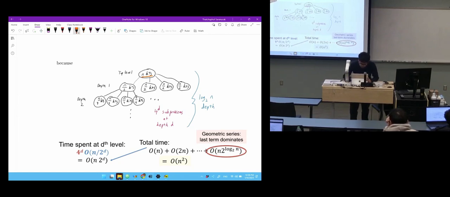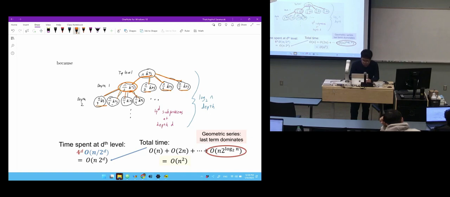Then you expand the problem into 4 parts, right? For each of the parts, now the problem is of size n over 2 bits. Okay. And do the same thing here: for each of these, when you recurse, you recurse into 4 ways.